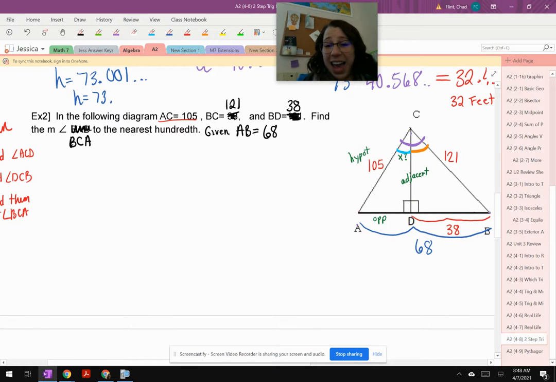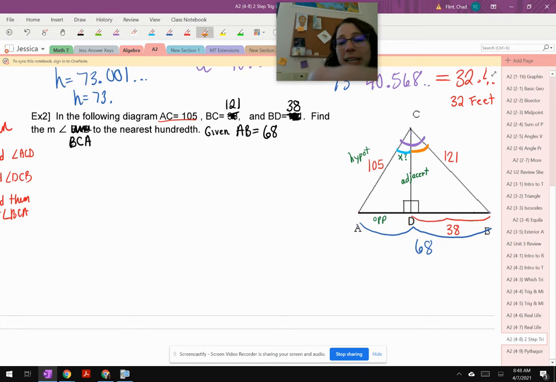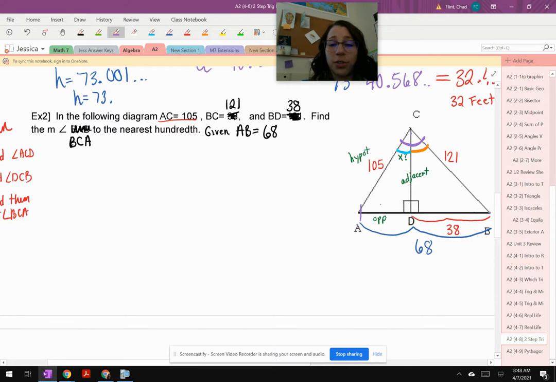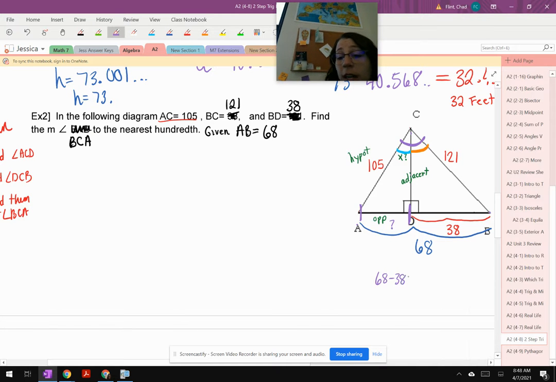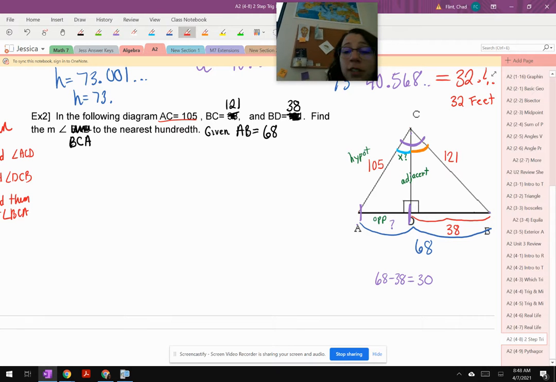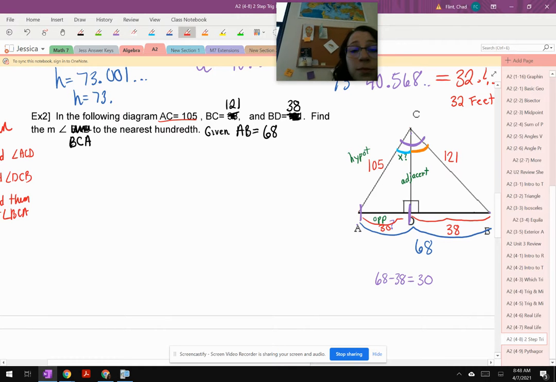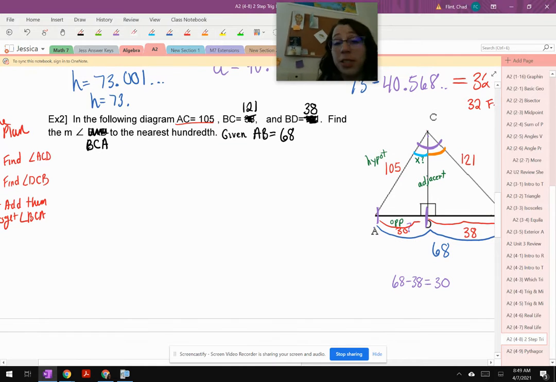And I have the hypotenuse. And I don't know this AD side yet, but I could figure this out. From A to D, they tell me the whole thing is 68, and this part is 38. So 68 minus 38 would give me 30. So this side actually ends up being 30 right here from A to D, which is the opposite side.